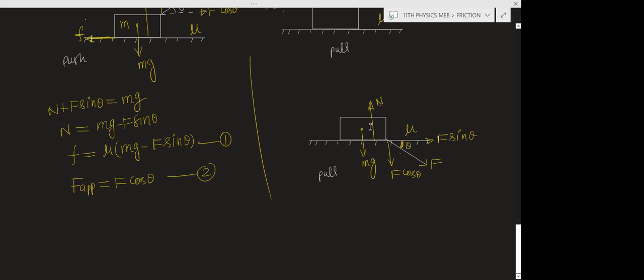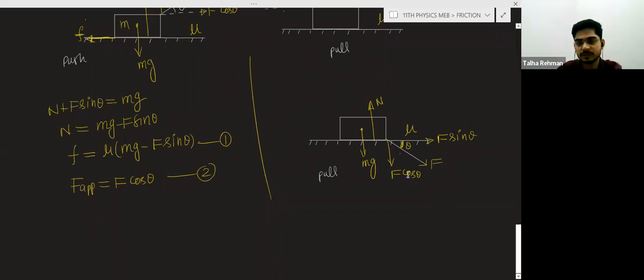Sir, that will be F cos theta. Oh, sorry, very good. Sorry, actually this will be F cos theta, and this will be F sin theta. This is the parallel component.